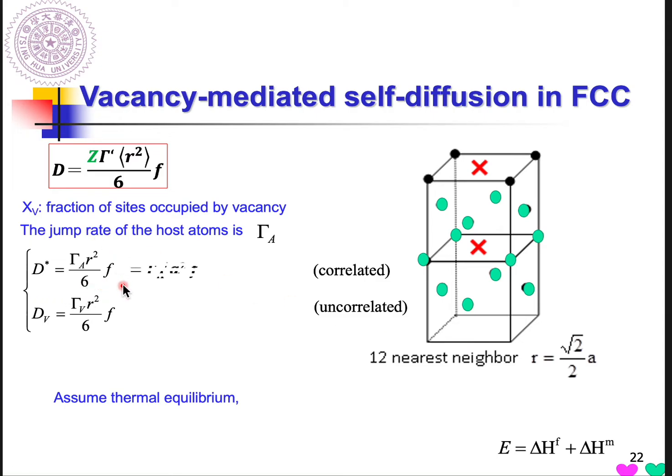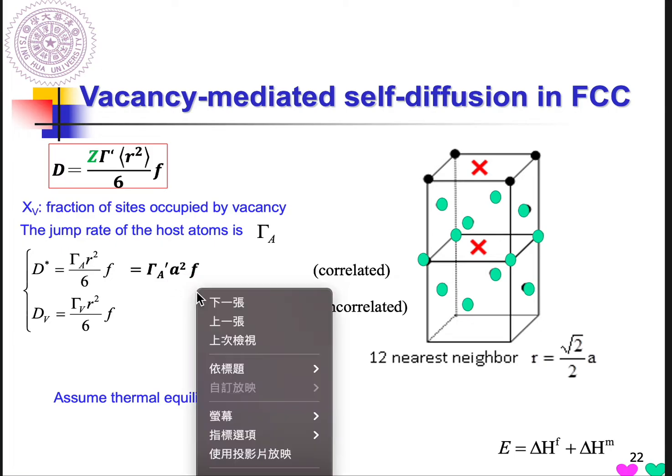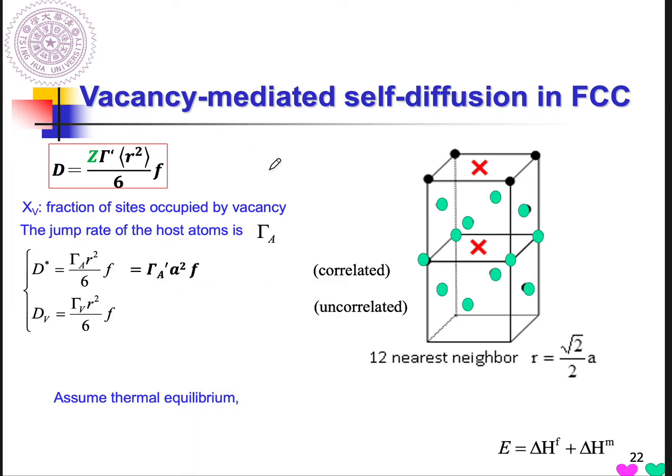So the self-diffusivity can be expressed as gamma A prime R squared F, and you can write it down like this.